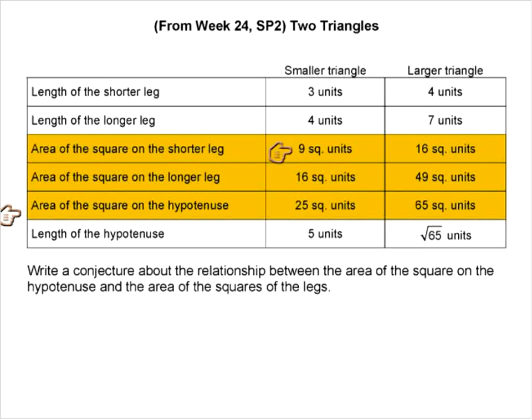So if we're looking at the 9 and the 16 and the 25, and then the 16, the 49, and the 65, we're going to write a conjecture about the relationship between these 3 numbers. So what can we write? What observations can we make about these 3 numbers, each of these 2 groups of 3 numbers here?